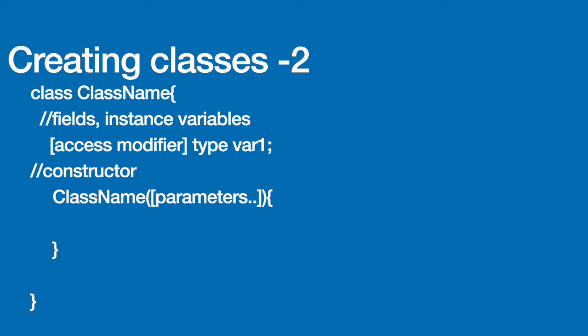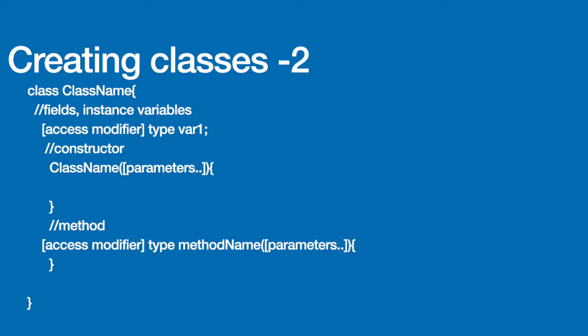So when we define a new constructor, we can include parameters. These are arguments that will be used when we initialize the class during its creation. So that is constructors. We will discuss them in a bit.